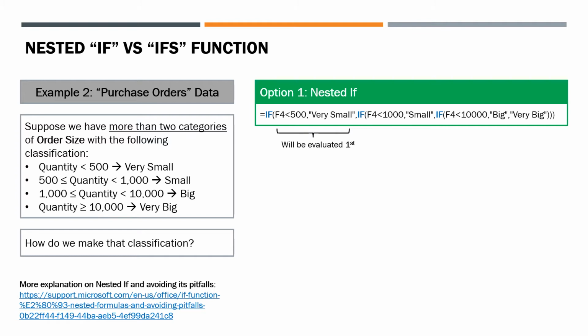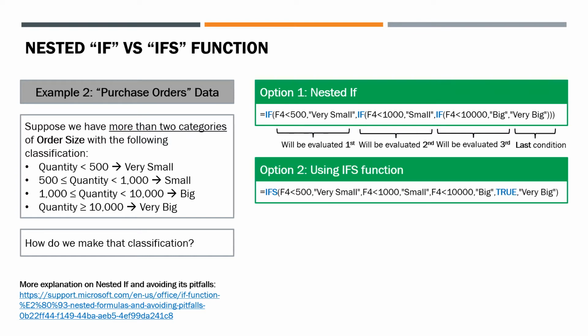If the condition doesn't satisfy this criterion, then the second formula will be evaluated. If this is also not satisfied, we go to the third condition, this one: if the quantity is less than 10,000, it will be considered big, and the rest will be considered very big, the last condition. This is the nested IF.